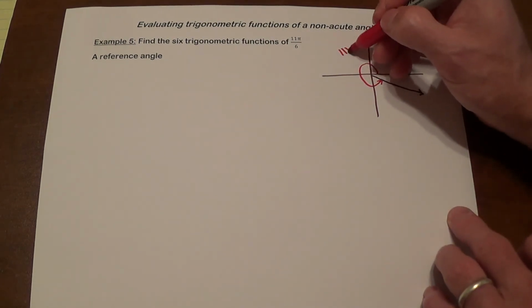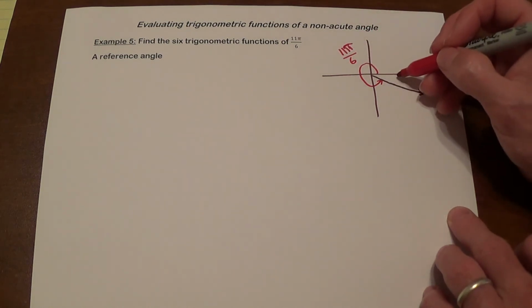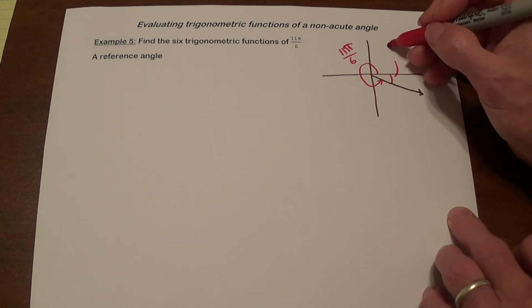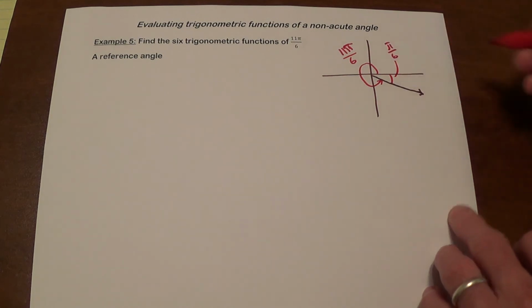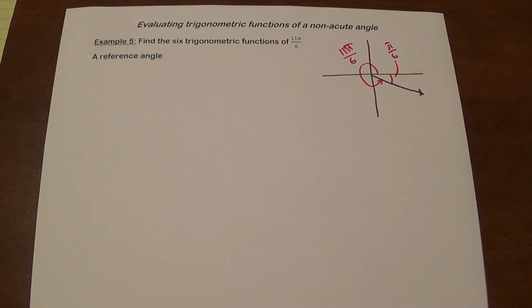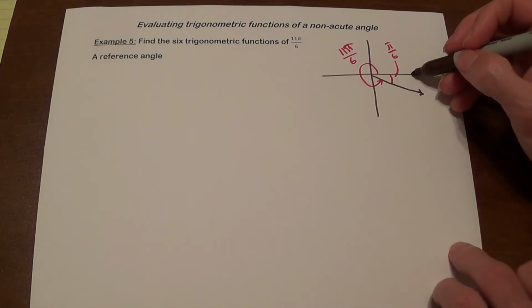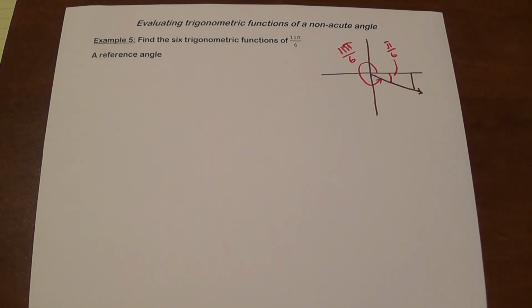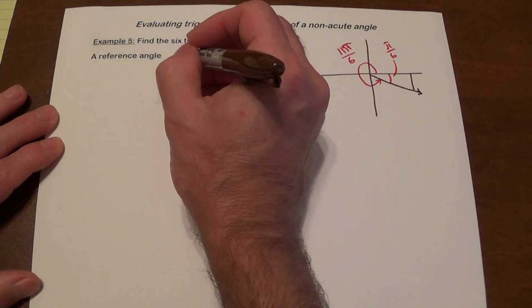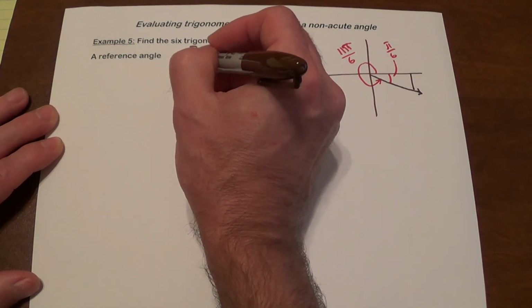So this here, this little angle here is going to be pi over 6, which is going to end up being our reference angle, which is the one that we're going to use for our values and then determine the sine. So the reference angle is pi over 6.